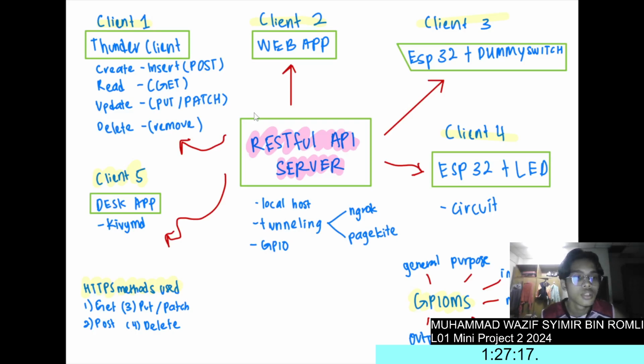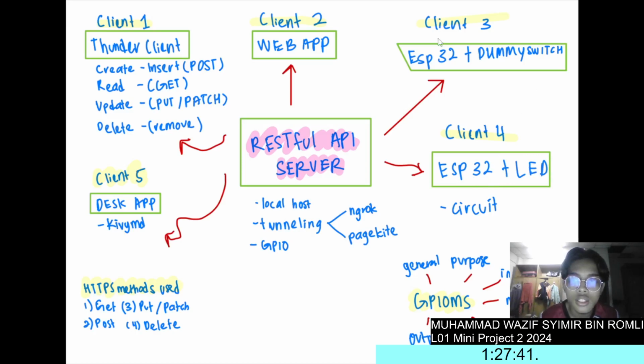Next is the third client, which is the ESP32 plus dummy switch. This is a hardware device, an ESP32 microcontroller, that we need to use. The fourth one is the ESP32 plus LED.